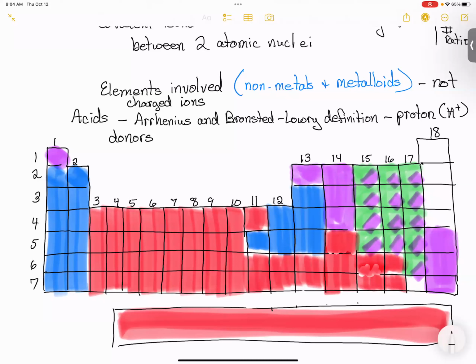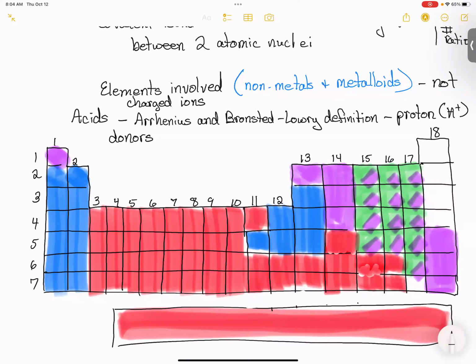Now, why did I highlight all the rest of the metals in red? Yes. Those are metals that can have different charges. So what do I need to include when I start writing the name of those ions?